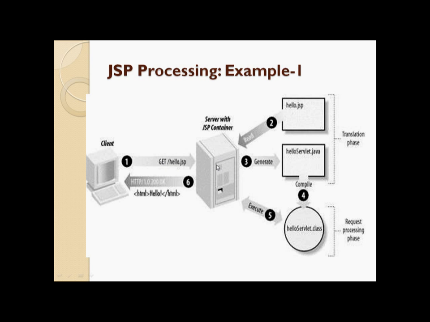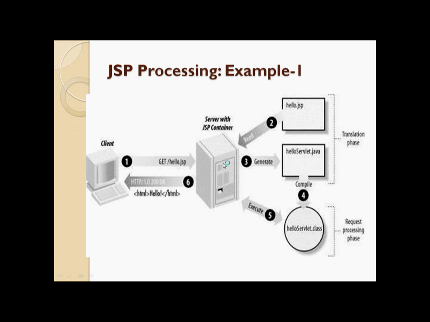The web server contains three things, as I explained in the earlier slide: the JSP engine, JSP container, application server, and servlet engine. These are the things present over here, which can be utilized by the web server.